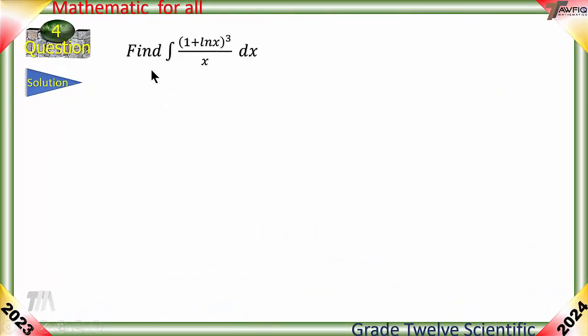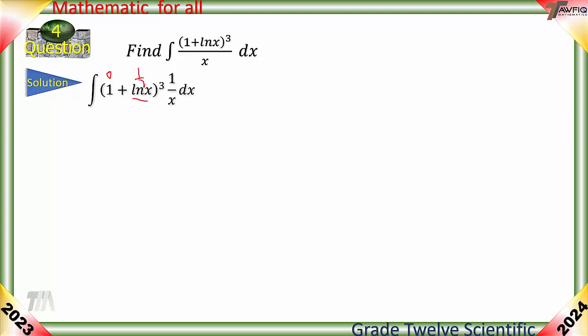Question number 4. Find the integration of 1 plus ln x cubed over x. First of all, write this function in this way: 1 plus ln of x, all to the power 3, times 1 over x. And now, when we take the derivative of the inside of the bracket, the derivative of 1 is 0, and the derivative of ln x is 1 over x.